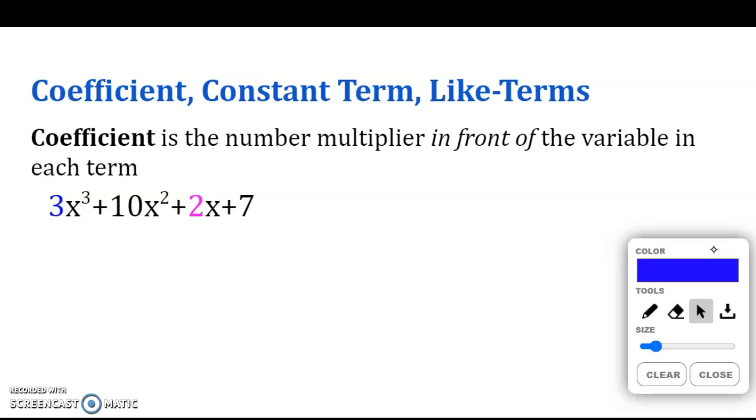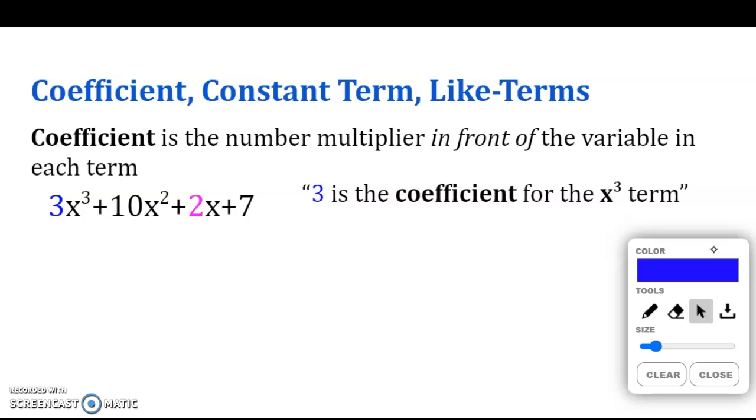So 3 is the coefficient of the x cubed term, and 2 is the coefficient of the x term. I could also say 10 is the coefficient of the x squared term.